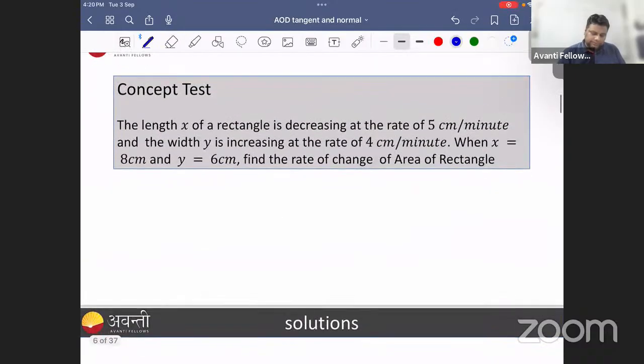Now, the length x of a rectangle is decreasing at 5 centimeter per minute and width y is increasing at 4 centimeter per minute. When x is 8, y is 6, find the rate of change of area of the rectangle. Okay, quickly do it. You got a couple of minutes to do this. Mark your answer in the chat box quickly.